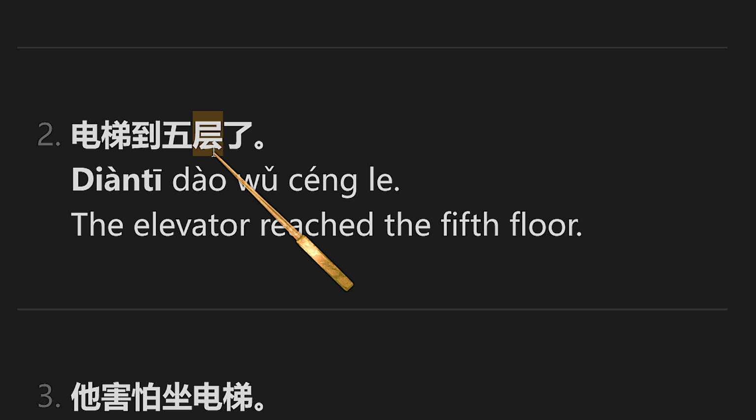Same in Cantonese. So they don't say 第5 floor. But if we say first time, we need to say 第一次 or fifth time 第5次. But here we don't need to say. 电梯到5层了 The elevator reached the 5th floor.